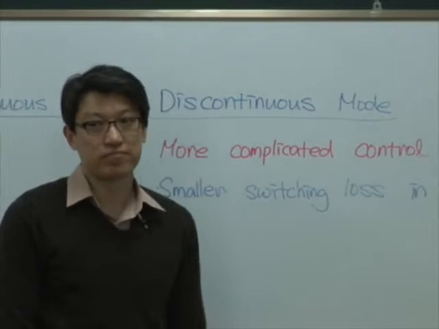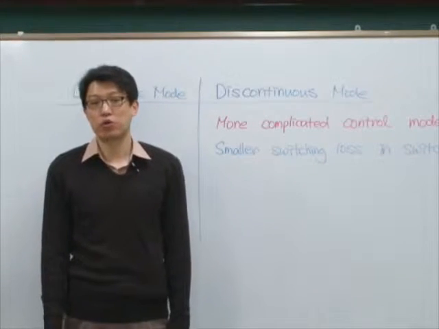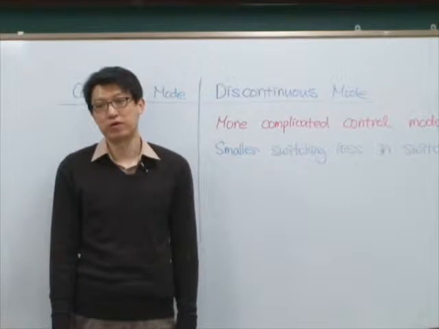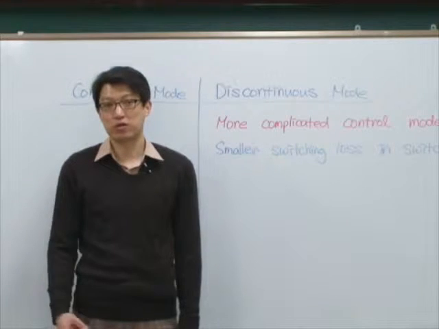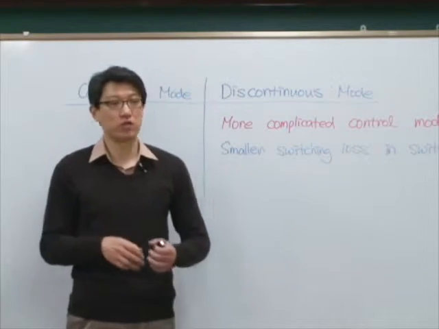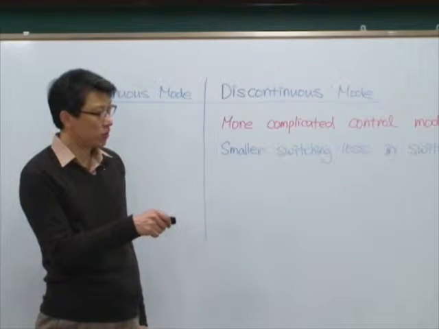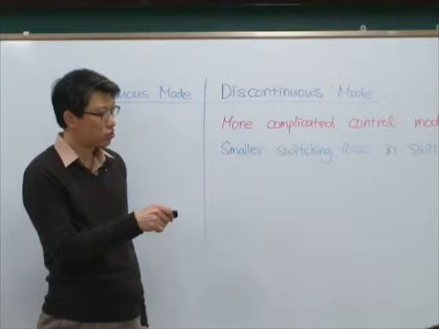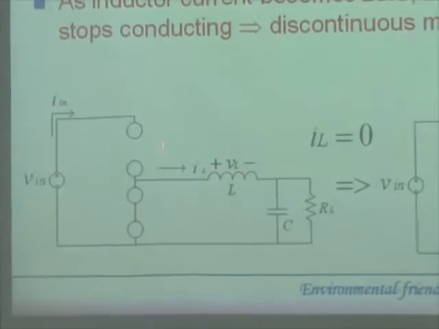Maybe, talking about loss is also out of scope. But just in order to give you some concept of the loss, I'm now talking about the loss in this switch, okay? In this switch.